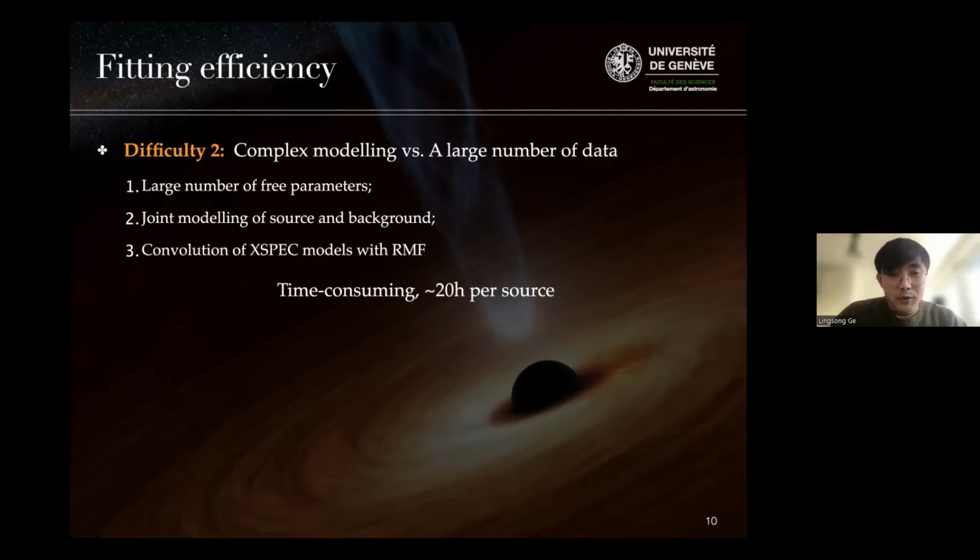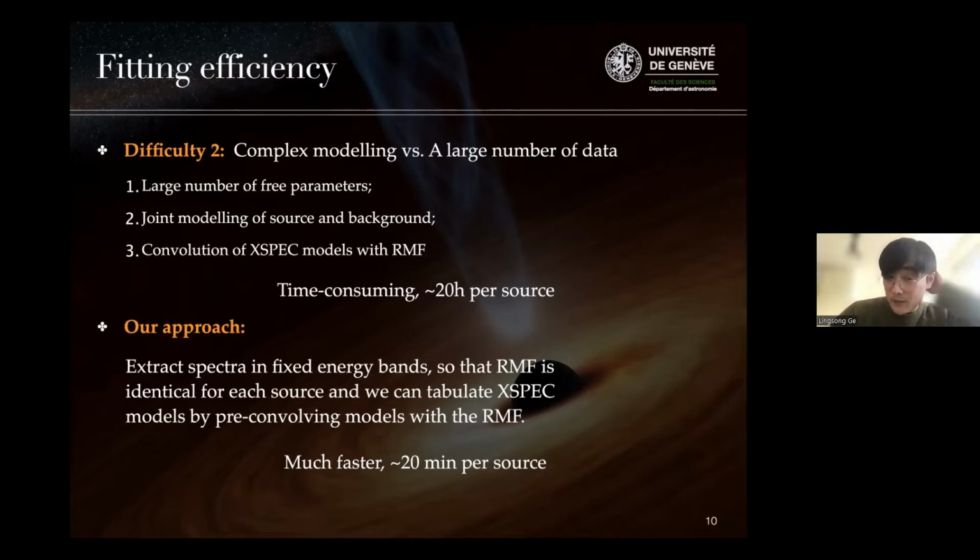So our approach to treat this difficulty is to extract spectra in a fixed energy band, around 10 bands, so that the RMF can be identical for every source in our data sample, so that we can tabulate the expected models by pre-convolving the models with the RMF.